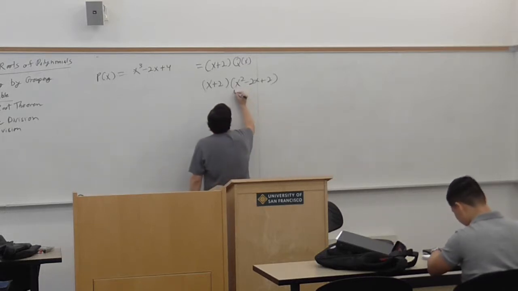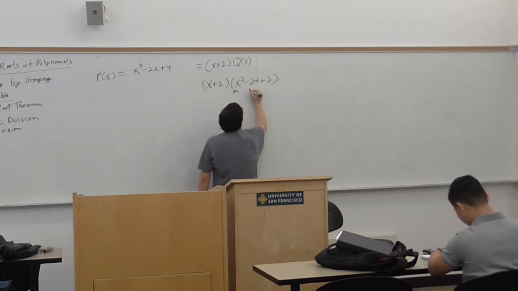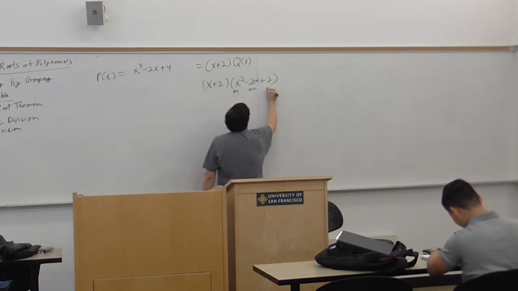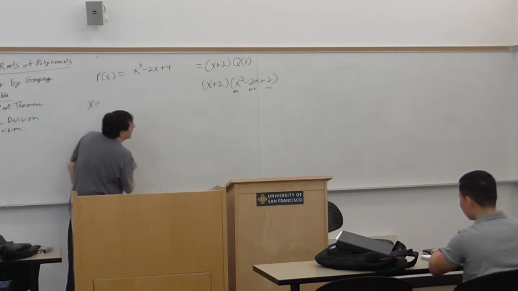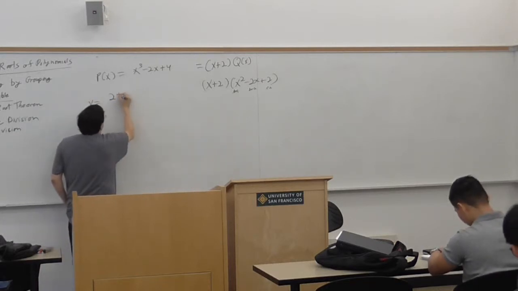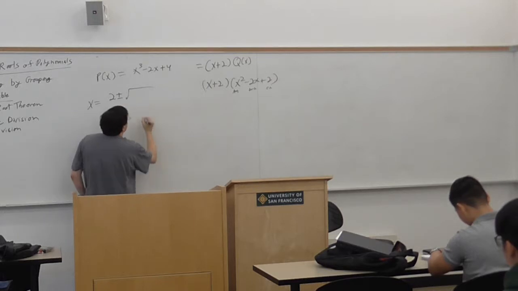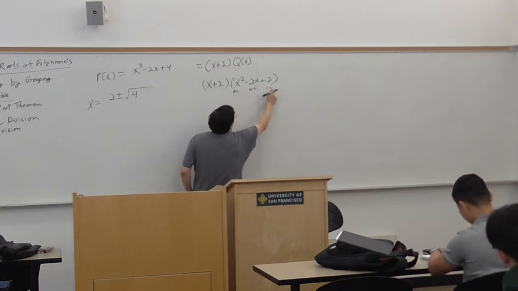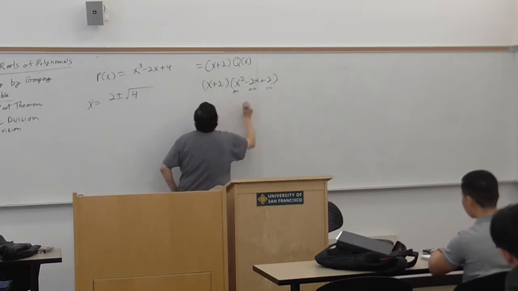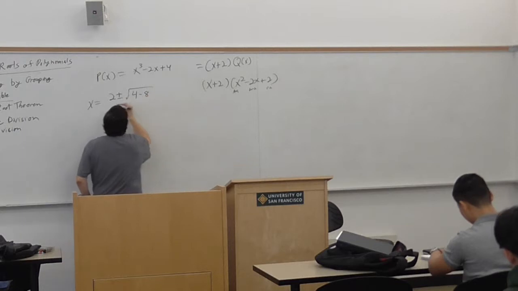Okay, so a here is 1, b here is -2, c here is 2. So my negative b is plus 2, plus or minus the square root of b squared, that's 4, minus 4 times a times c, that's minus 8.